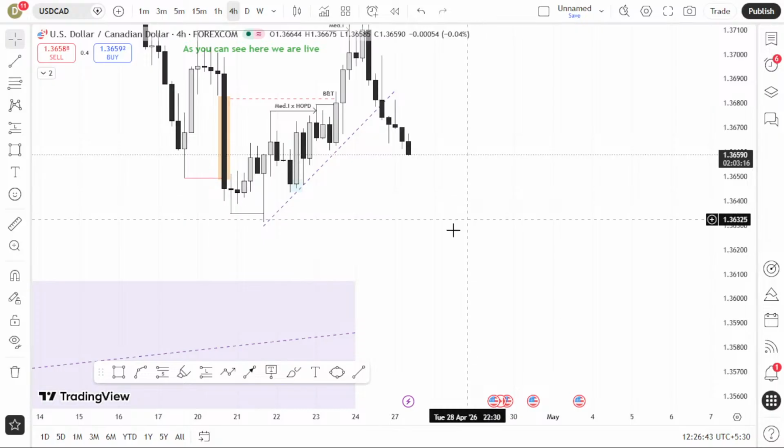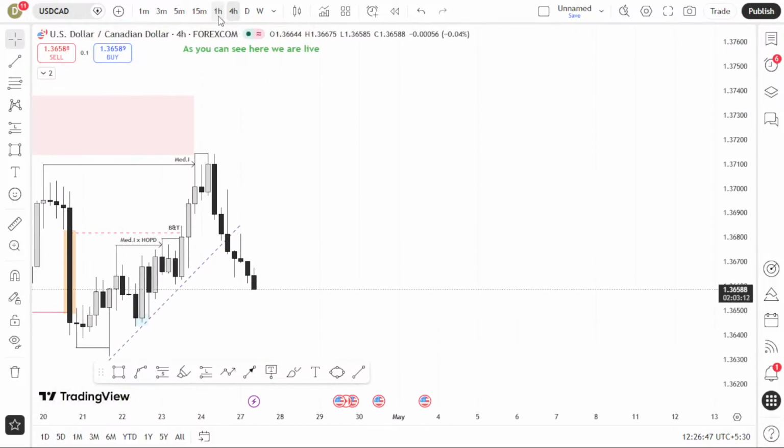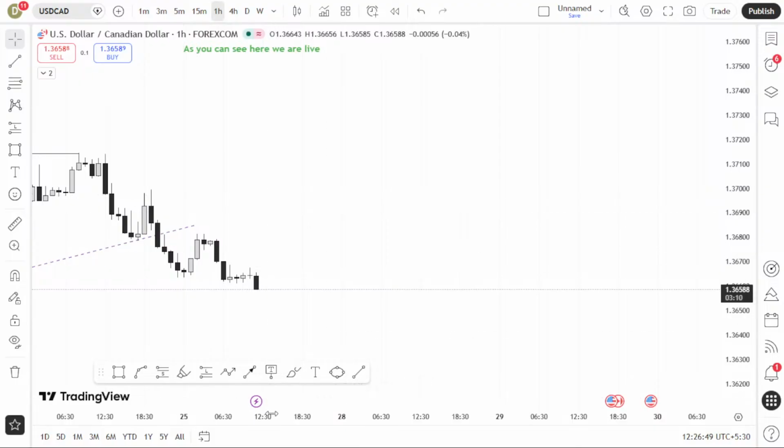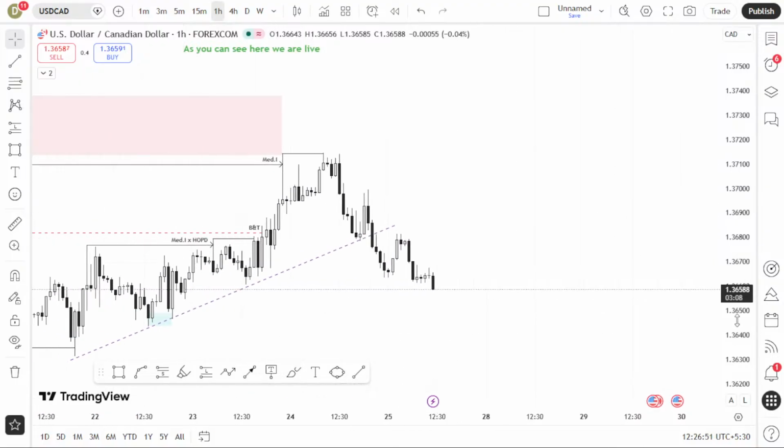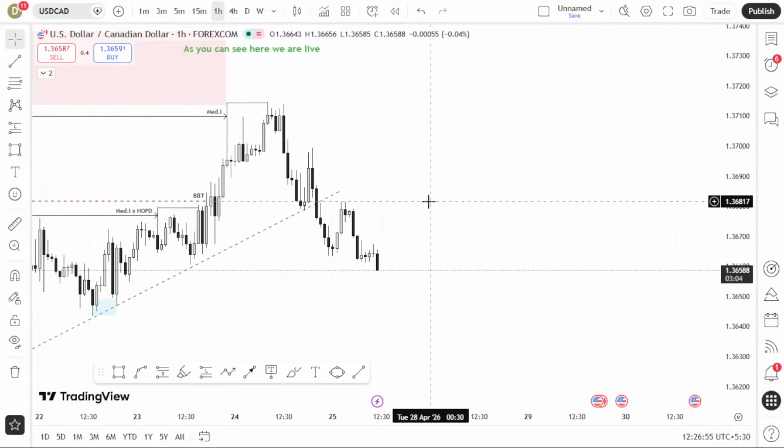I think price would still be targeting this area. So without any doubt in mind, I think we should be trying to look for sells today.